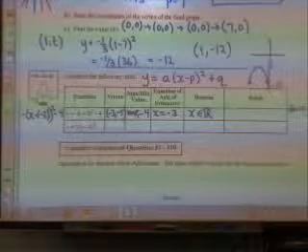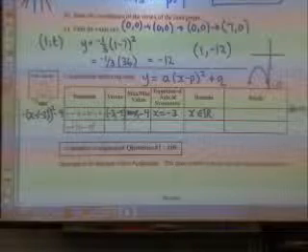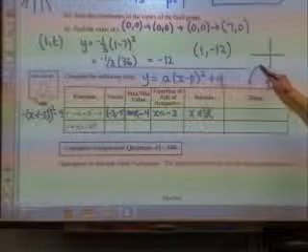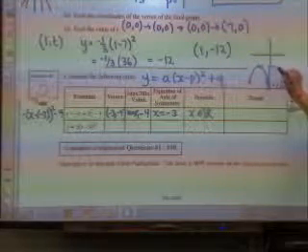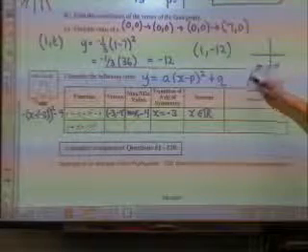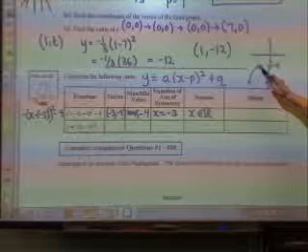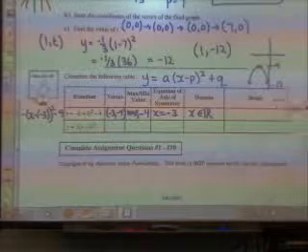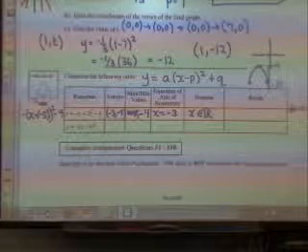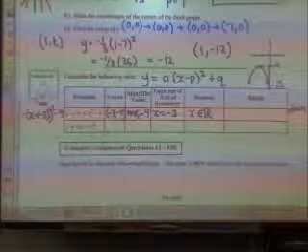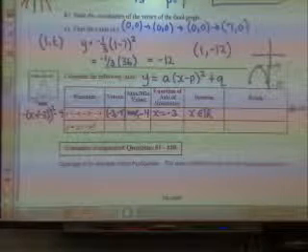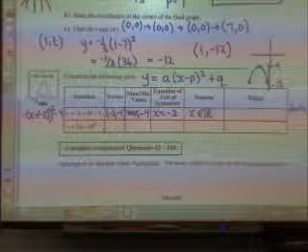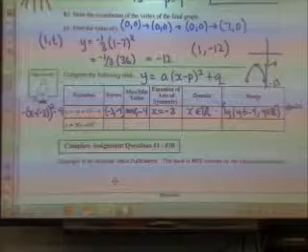The range is connected to the vertex, because the vertex being right here at -4, from there it tells me the values either have to be greater than -4 or less than -4. That's the limitation with my range, depending on that graph opening up or down.